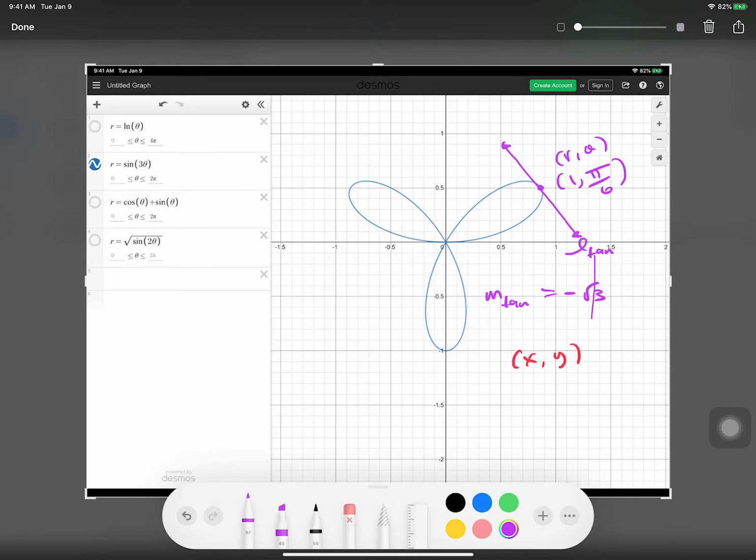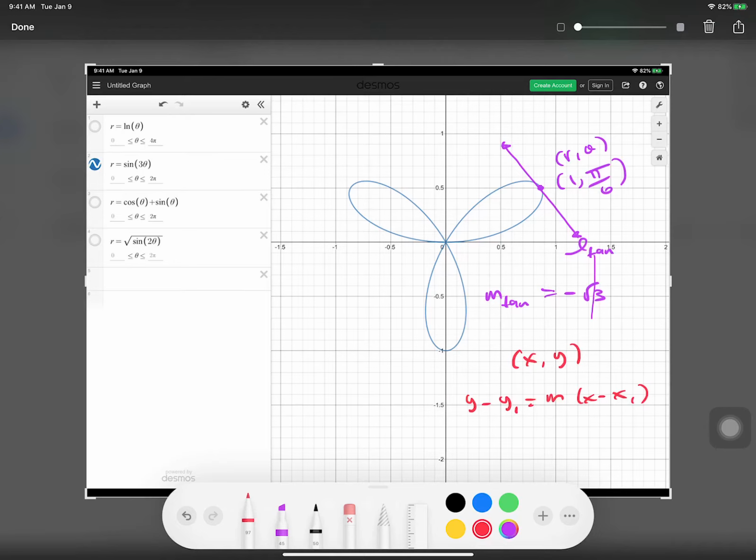You'd have to use the point-slope form, where y minus y1 is m times x minus x1, like you guys have been doing. And you'd simply have to convert this from polar to rectangular. You have x equals r cosine theta, y equals r sine theta.